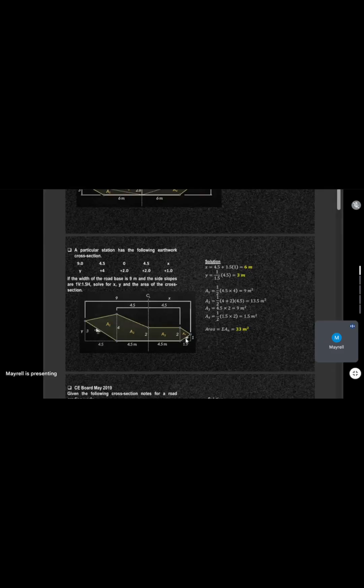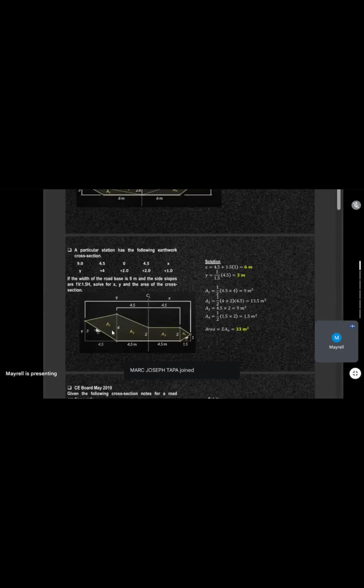So after you connect them, you can find the other distances needed. So this is the side slope. So it is specified as 1 vertical, 1.5 horizontal. So those are on both sides, here and also here. 1.5 horizontal and 1 vertical. So first, since this is 9 meters and the road here is 4.5, you can solve for this.